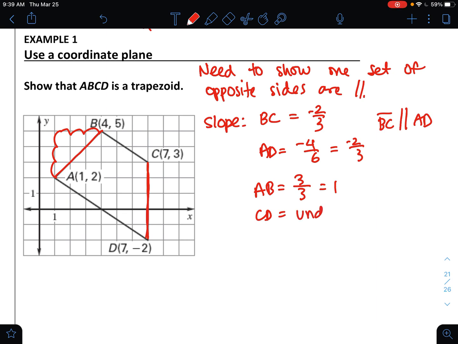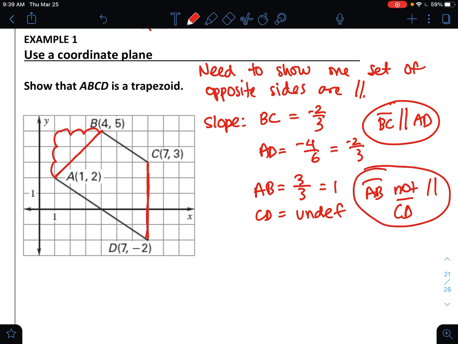Now CD is vertical, it's undefined, it has an undefined slope. So I'm going to say here, AB not parallel to CD. Okay, so therefore I have just shown it's a trapezoid. So these two things are going to give me what I need to show that it is a trapezoid.